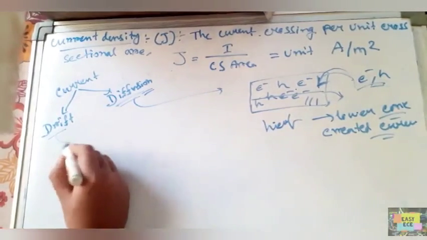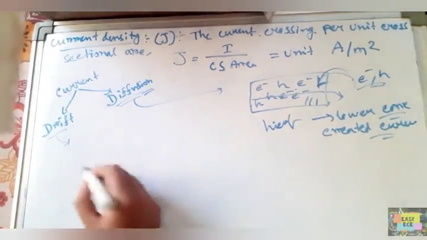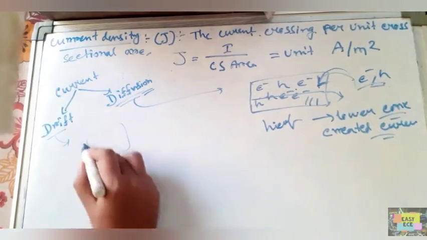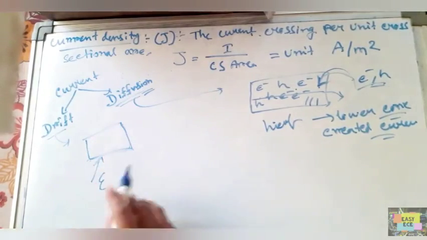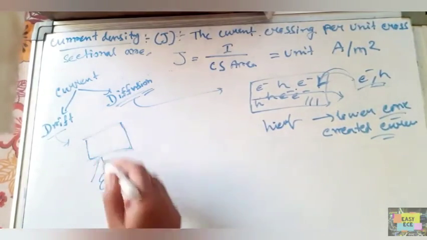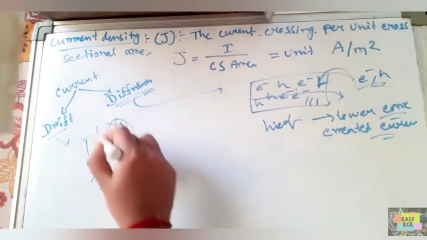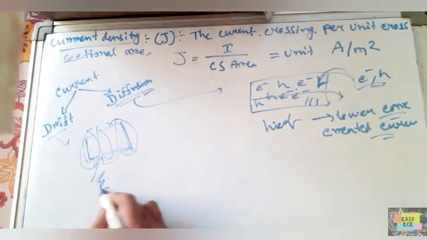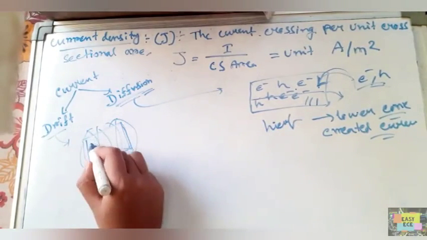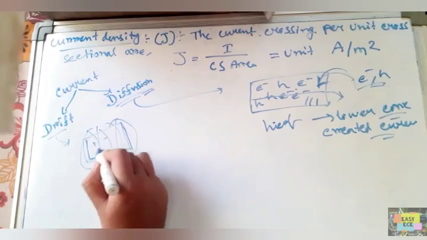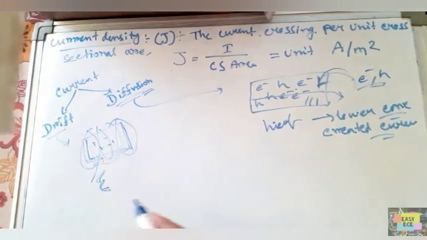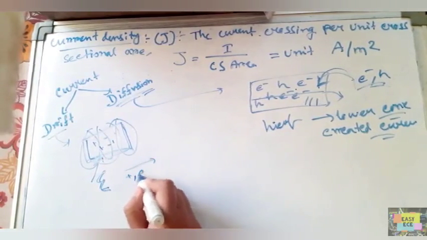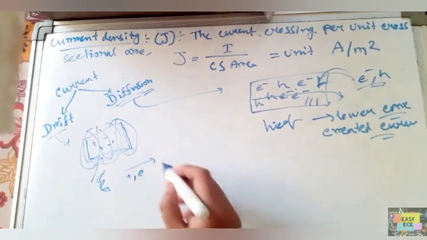And what is drift current? Drift current means that in a semiconductor, if we put some electric field E on the semiconductor, the electrons and holes, the negative and positive charges, move. This movement of electrons and holes also produces some current.